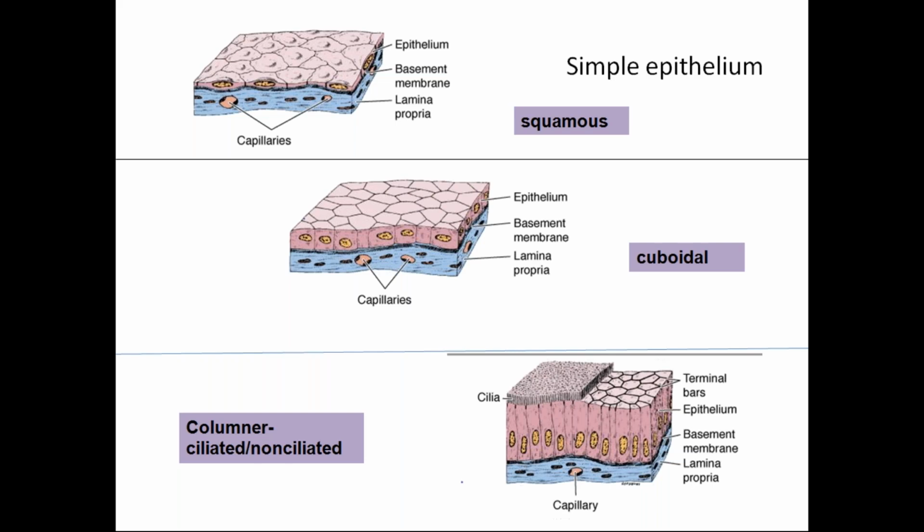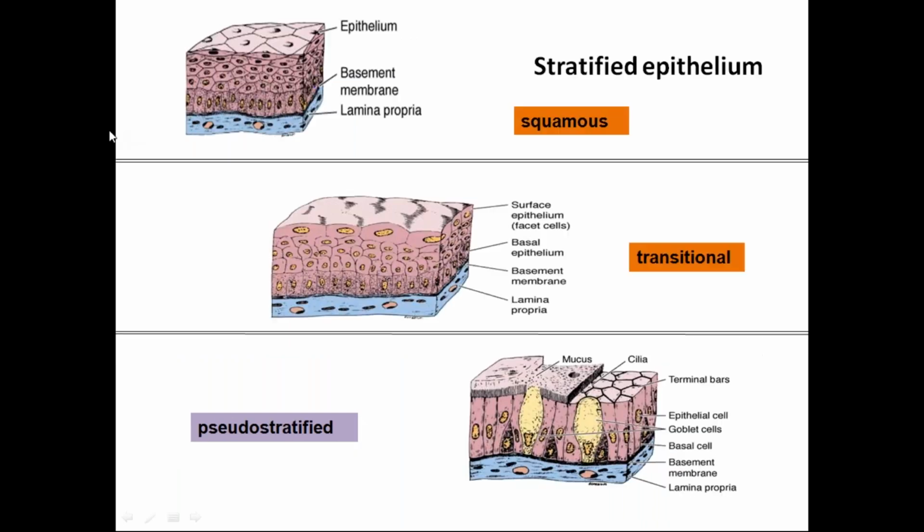So that is all about simple epithelium. Simple epithelium occurs in the form of simple squamous, cuboidal, and columnar, also ciliated and non-ciliated. Next, the stratified epithelium, where cells are present layer by layer.